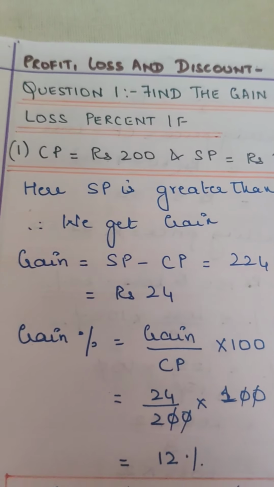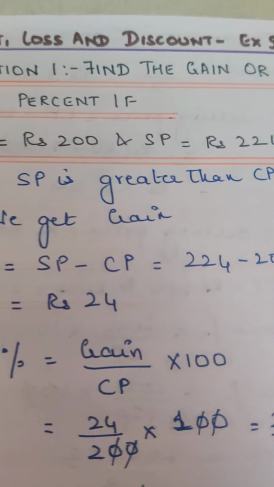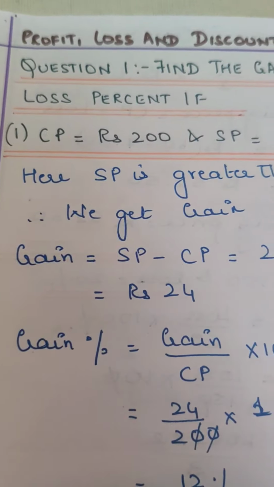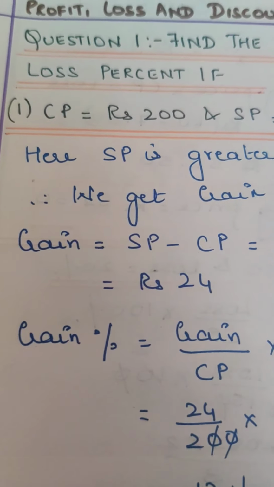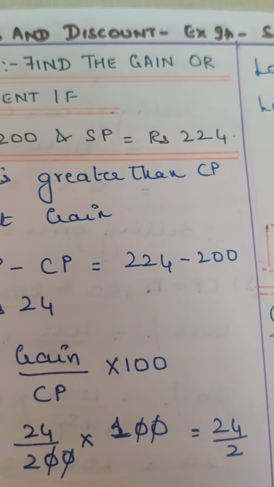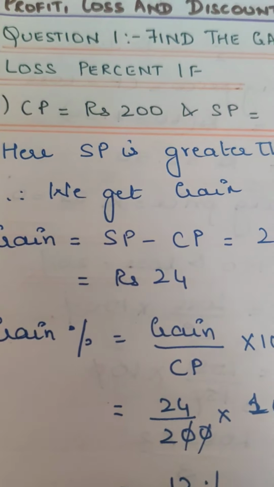Find the gain or loss percent if the cost price is equal to 200 and the selling price is equal to 224. Here the selling price is greater than the cost price, therefore it becomes gain. How do you calculate gain?